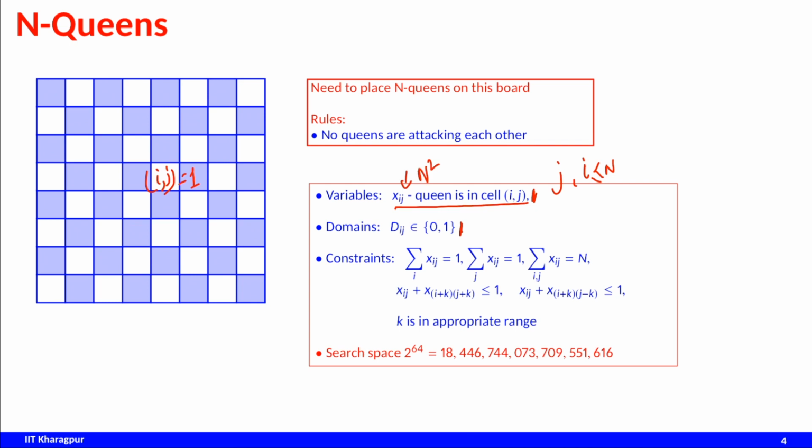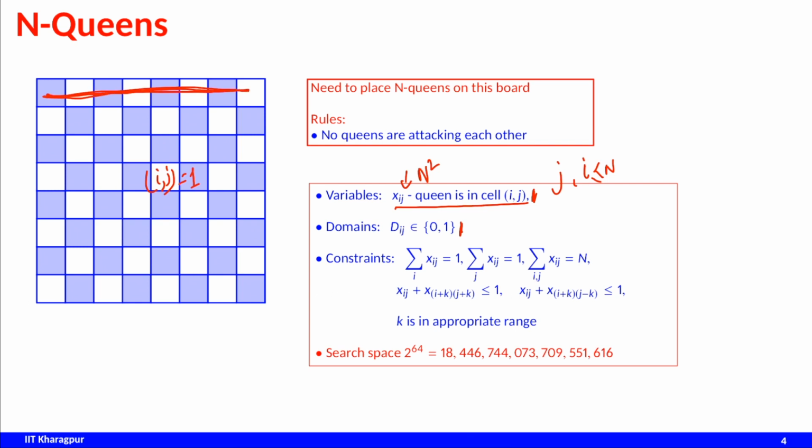Fine. And then we have to define the set of constraints. So what is the constraint it has to satisfy? First of all, in each row I can have only one queen available.